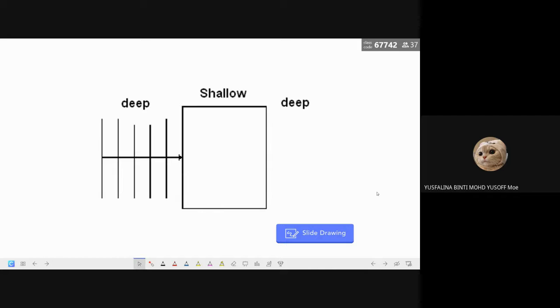All right, so how do you want to draw this part? Of course, the first thing you have to draw is the direction of the propagation. For this one, it's only a straight line. Okay, only a straight line like that. So at the shallow part, you have to draw the wave. Okay, let me draw first. So at the shallow part, the wavelength should become shorter than the deep area.